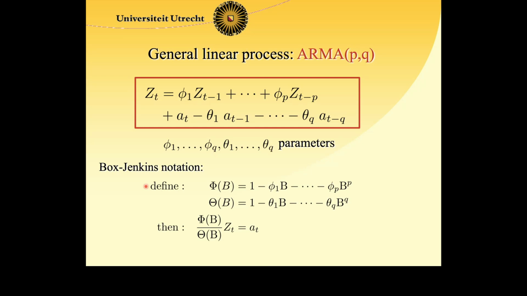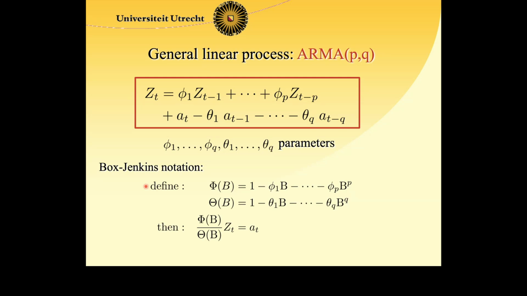Now, we already saw that it's easy to get the mean and the correct variance. So if we want to apply this to a real time series, what we typically do is calculate the mean and subtract the mean. Hopefully there's no trend. If there's a trend, you subtract the trend.